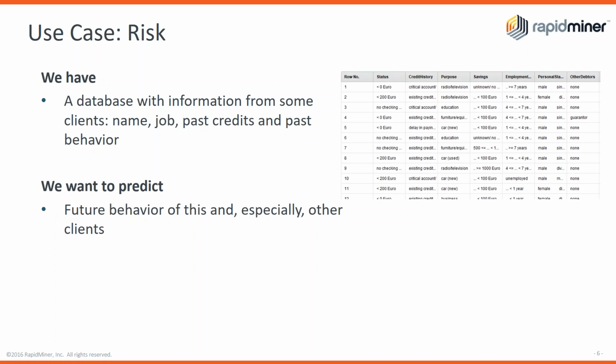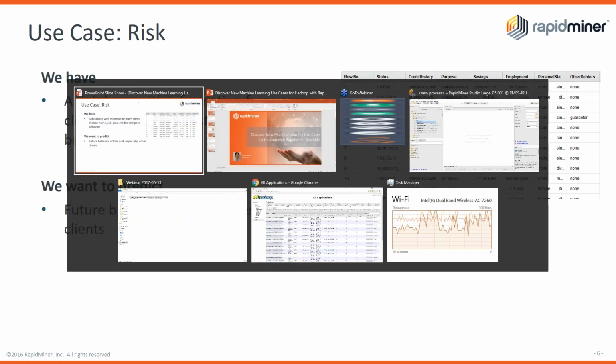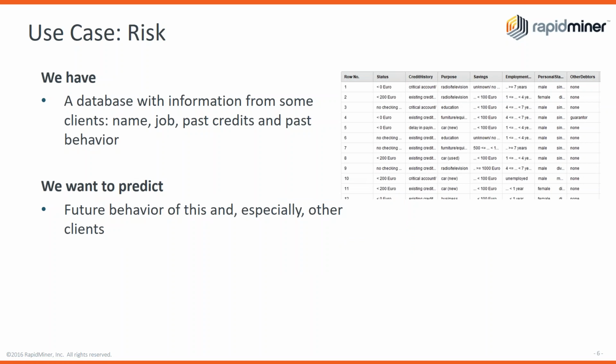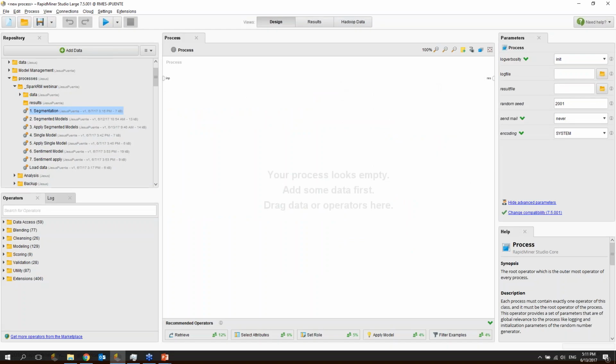I'll introduce the second use case I've briefly mentioned before, the sentiment analysis. But before, let me go to the demo itself, because I think everything will be clear in that. So let me go to the RapidMiner Studio. So some of you may already be familiar with this.